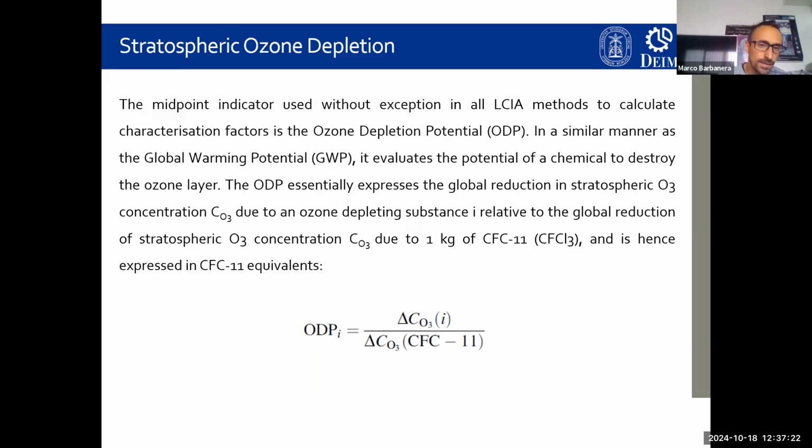In the previous one, we said that the characterization factor is known as global warming potential. In this case, instead, the characterization factor is called ozone depletion potential, but it is calculated in the same way as the global warming potential.